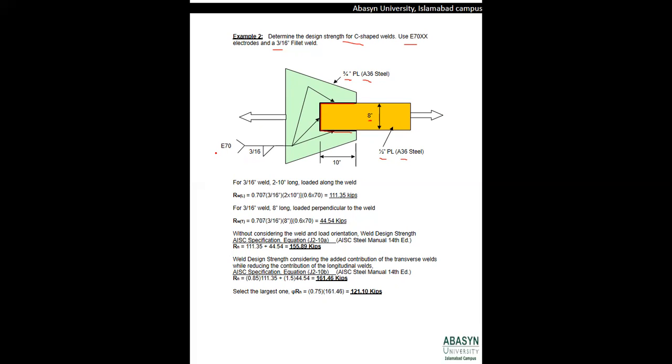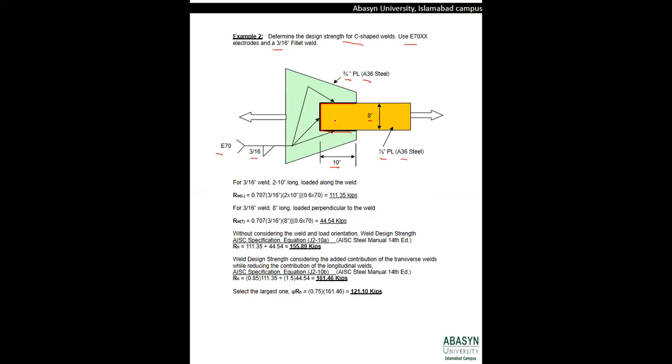They used an E70 electrode, as I told you in the last problem how the symbols are represented, and 3/16 inches indicates that the thickness of the weld is 3/16 inches. Moreover, the length of the weld in the direction of the applied load is given as 10 inches, and in the perpendicular direction it is given as 8 inches.